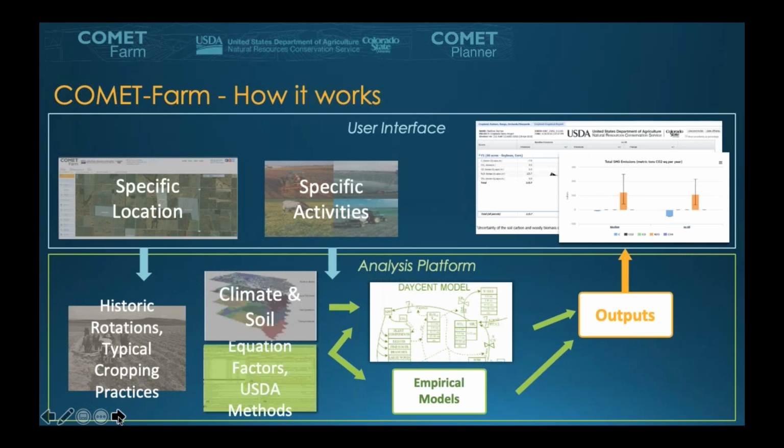So if we look at the whole picture of how COMET-Farm works, some of the common soil conservation practices that people are implementing through COMET-Farm can lead to large carbon benefits. For example, when you reduce tillage or add cover crops, these have cascading impacts on the emissions through reducing soil disturbance and maintaining living roots in the soil.